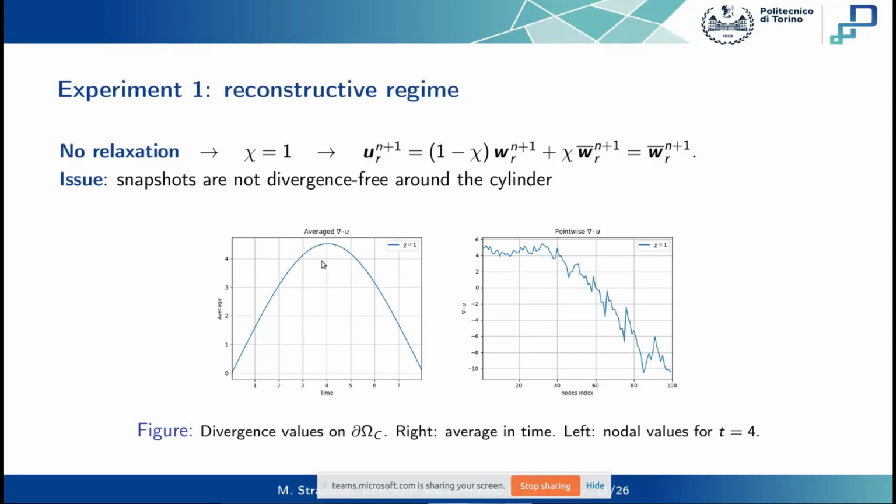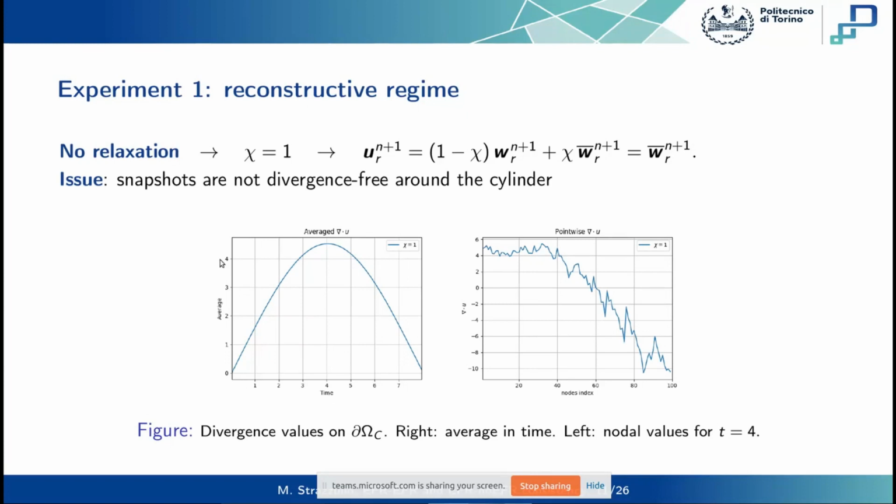So here I'm plotting the average divergence over the nodes of the cylinder. I'm taking all the nodes of the cylinder, computing the point-wise divergence, and then taking the average and plotting it for all the time instances here.